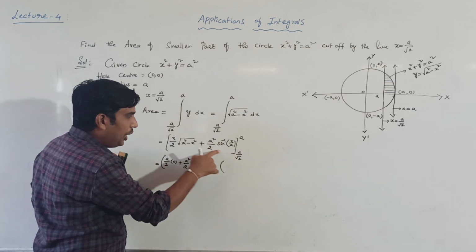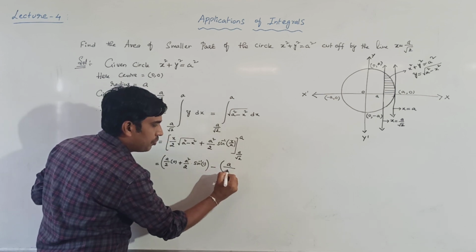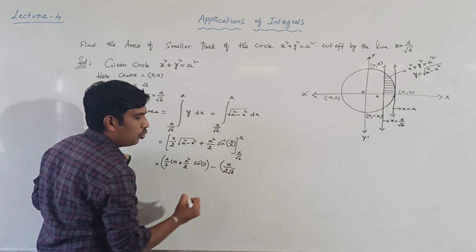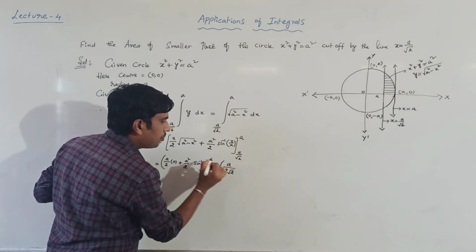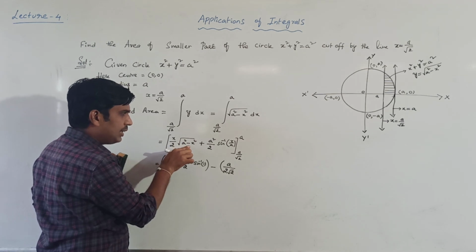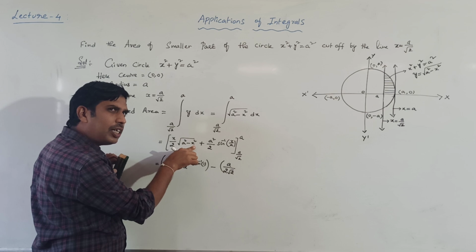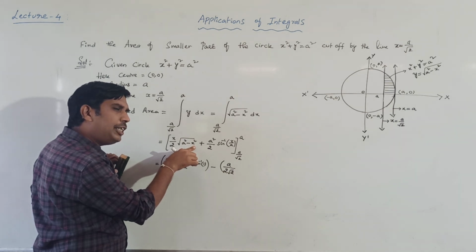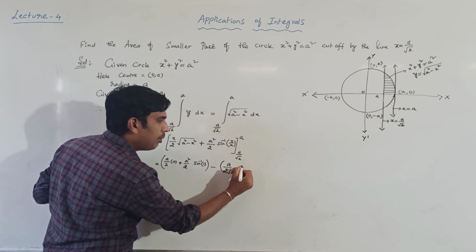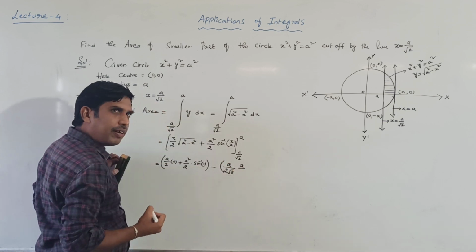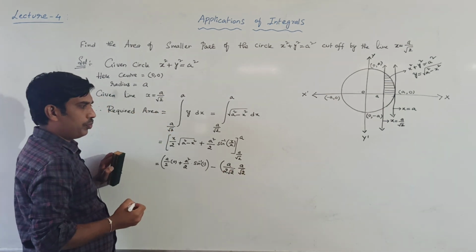So what is the lower limit? a by root 2. So a by root 2 by 2, nothing but a by 2 root 2, into root over a square minus a by root 2 whole square. a by root 2 square is a square by 2. a square minus a square by 2 is a square by 2, which is nothing but a by root 2.